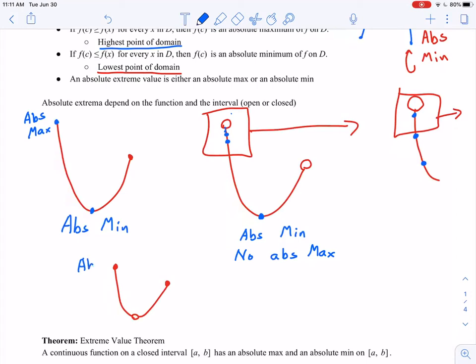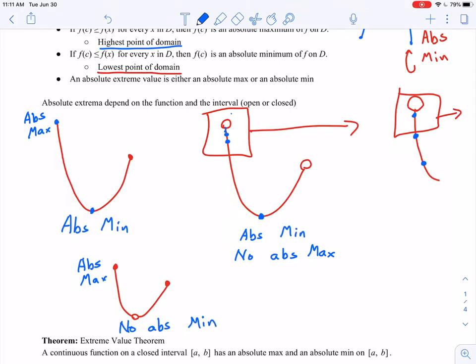This is our absolute maximum, so we fixed that problem, but now we have this hole right here, and we're going to run into the same problem with our absolute minimum that we did with our absolute maximum. So you can always just get a little bit closer, get a little bit closer. In this case, we're going to find a y value that's just a little bit lower and a little bit lower. So in this case, we will have no absolute minimum here.